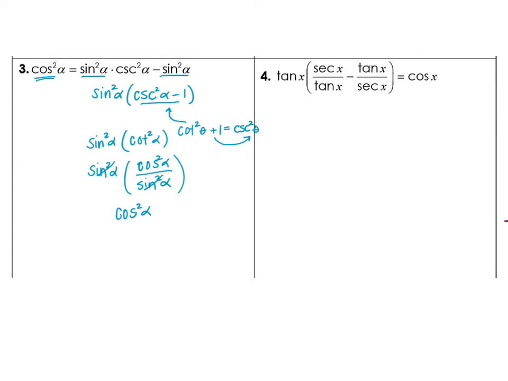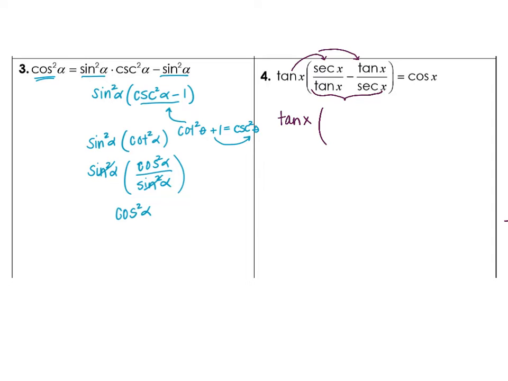I see that if I go through and do my distributive property, I'm going to get at least one of the tangents to cancel, or I can combine what we have inside here to get a single fraction. I don't think it's going to matter which way we start, so I'm going to combine what's inside the parentheses first, just because that's what I feel like doing.